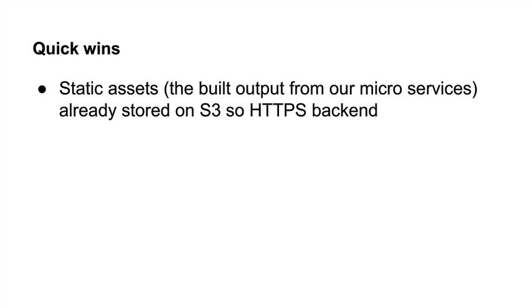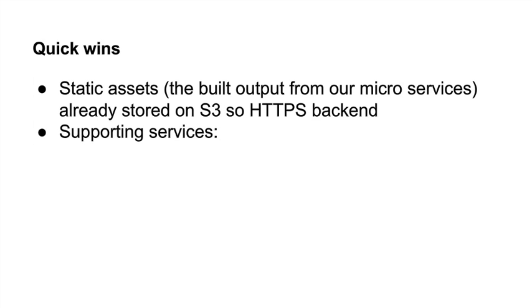So, quick wins for us. These static assets for our new site, i.e. the built output from our microservices, are already stored on S3. S3, if you enable website hosting, will give you an HTTPS backend by default.